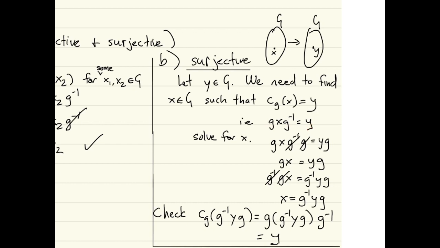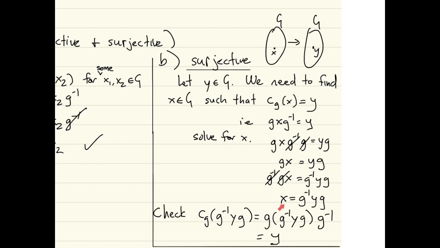Since we're trying to find x, let's solve this equation for x, just like in algebra. We multiply on the right both sides of the equation by G. The G inverse and the G then cancel on this side of the equal sign. Similarly, we cancel this g by multiplying both sides of the equation by g inverse.